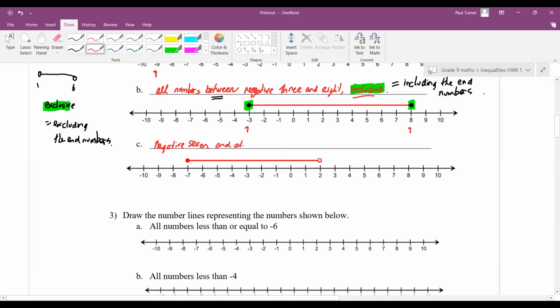And all numbers greater than negative 7, but less than 2. So that would work. We can do it that way. Okay, so let's look at question 3.